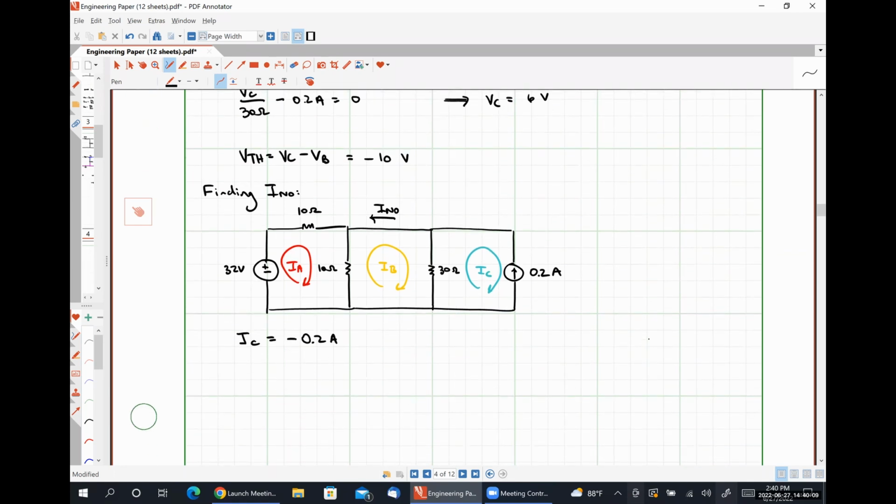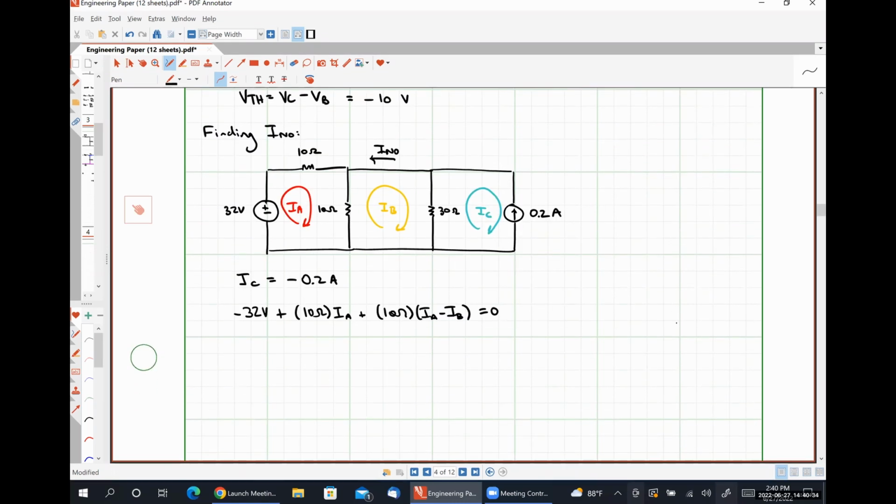We're going to have to write a KVL equation for mesh A and a KVL equation for mesh B. So for mesh A, that's going to look like negative 32 volts plus 10 ohms IA plus 10 ohms times IA minus IB is equal to 0.